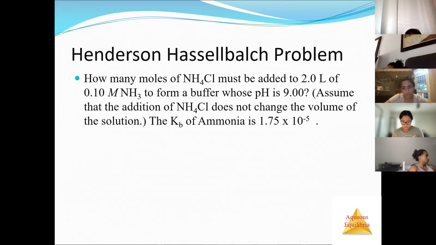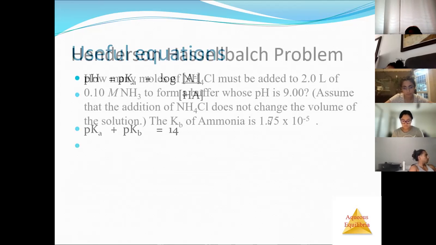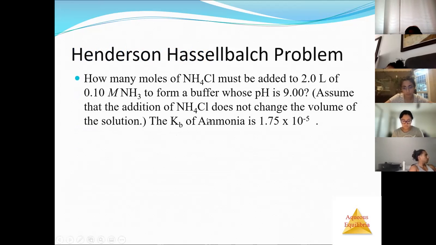to the Henderson-Hasselbalch. So that means I'm going to need the pKb. I also cannot deal with a pH and a pKb. I have to either change the Kb to a Ka or the pH to a pOH.